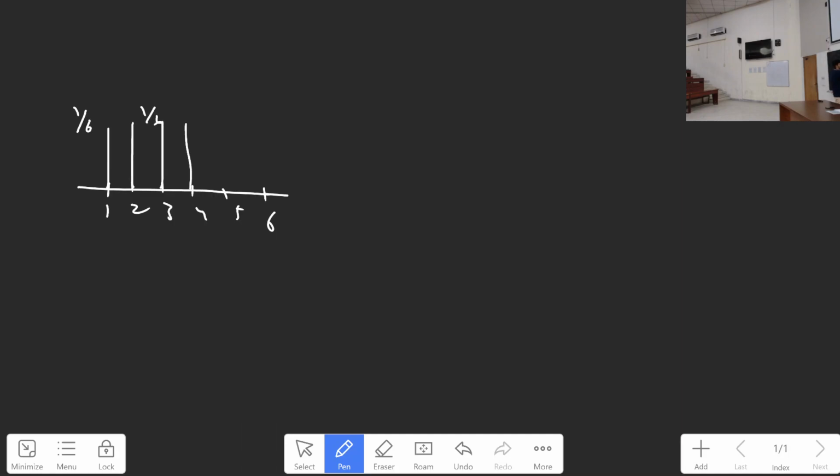Now for the case of rolling a die, it's very clear. 1, 2, 3, 4, 5, 6. 6 possibilities हैं. Each one will be 1 by 6. Yes. This is the case of rolling a die.